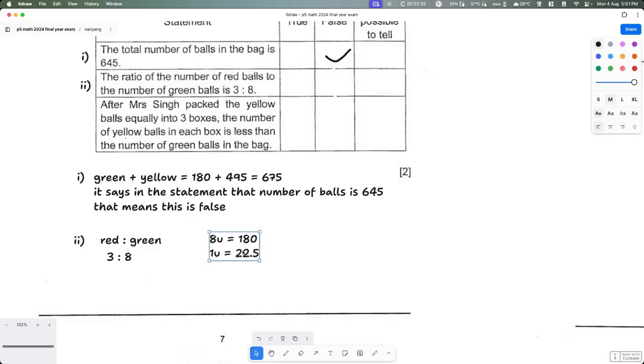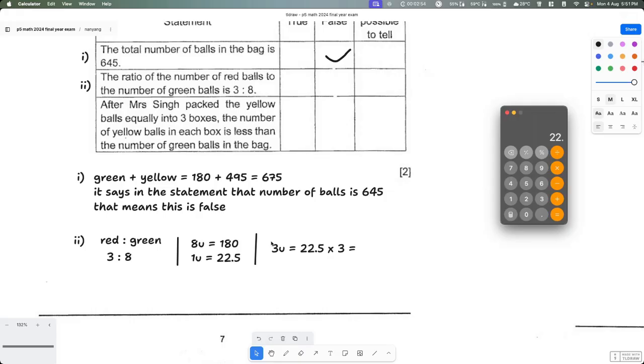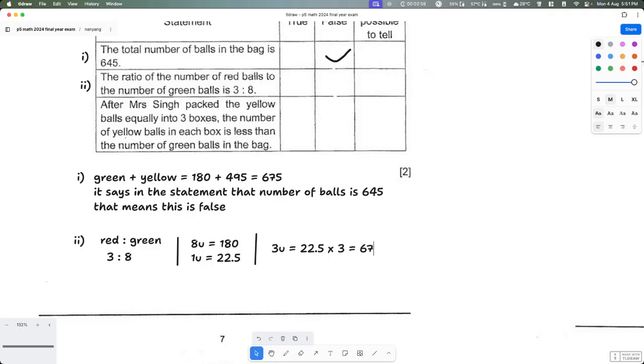So in this case, 3 units is equal to 22.5 times 3, which is 67.5. So the red balls is 67.5.